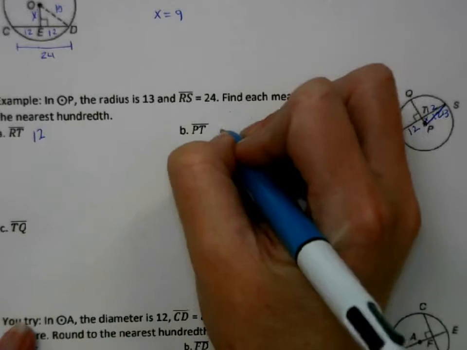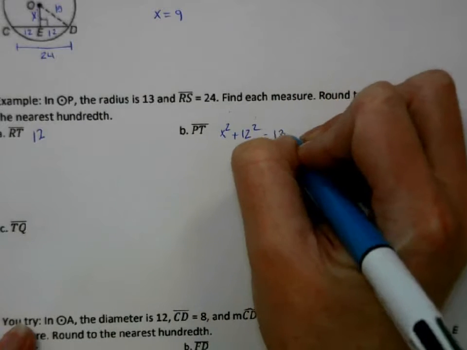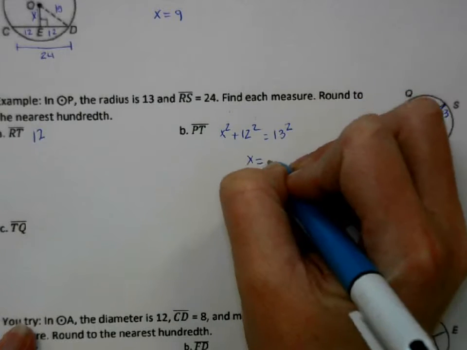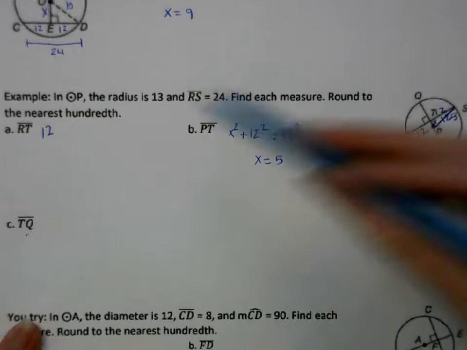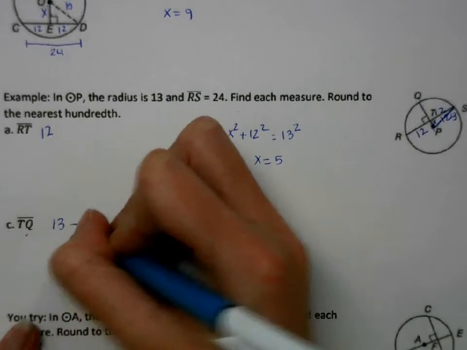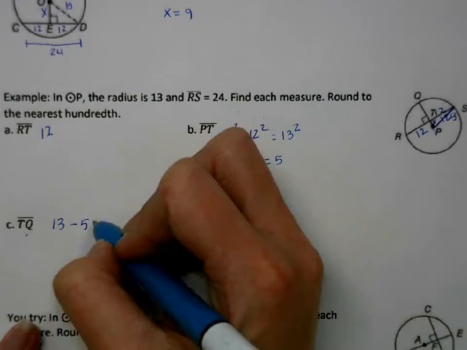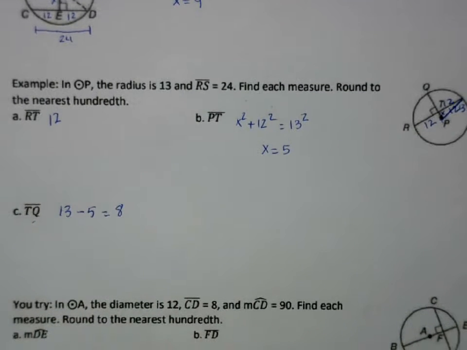So x squared plus 12 squared equals 13 squared. So x is equal to 5. And then to get TQ, if the radius is 13, TQ is going to be 13 minus the 5 we just found, or 8. So now it's your turn to do the last one.